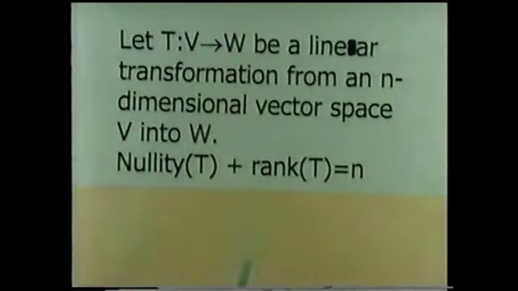Then the nullity of T plus the rank of T will equal N. Just like in our last example, we had the transformation mapping 5 space into 4 space, so V was a 5-dimensional vector space. The nullity was 2, the rank was 3. 2 plus 3 is 5.